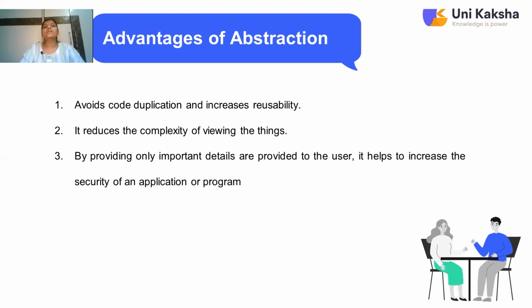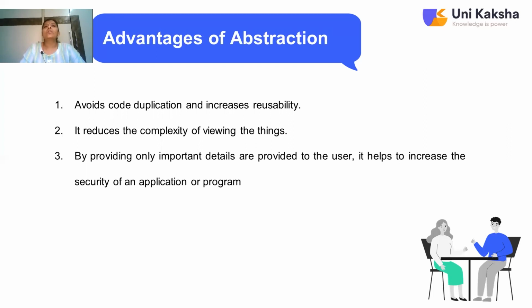The next thing is that when you provide only important details to the user, it helps to increase the security of an application or any program. You can again consider the example of an ATM machine. When you swipe your card, only the information related to your account is displayed in front of you.